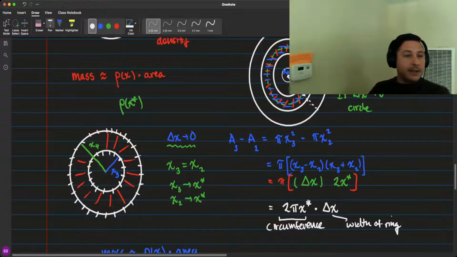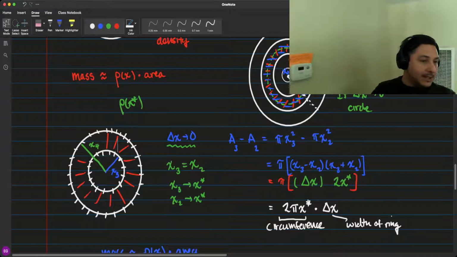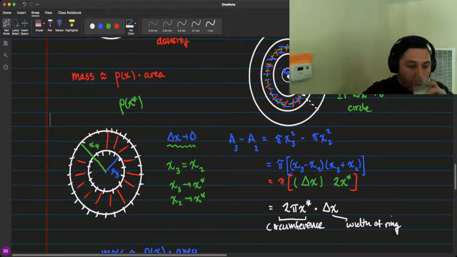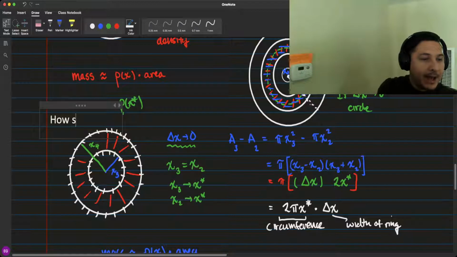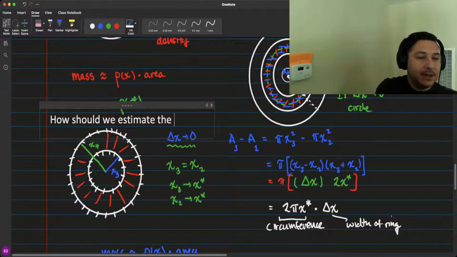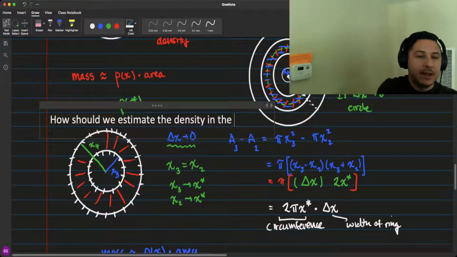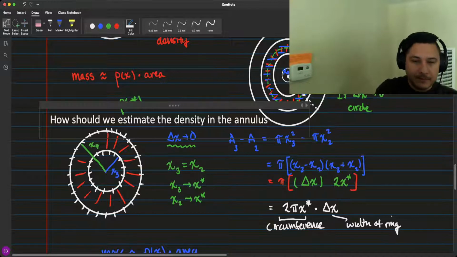Now, what we would like to know is, let's type this right here: how should we estimate the density in the annulus, in other words, the ring?